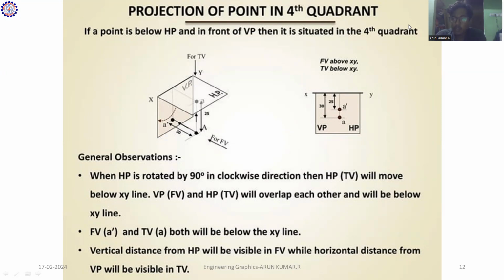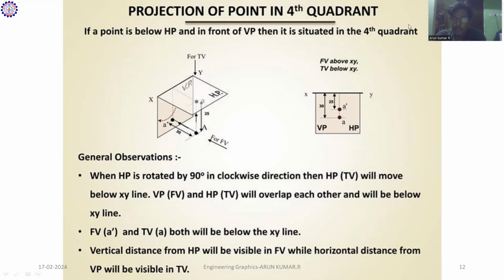When you mark 2.5 centimeters using a scale, mark it as a dash. That is point a dash, the meaning of below HP. And in front of VP, the plane is rotated 90 degrees clockwise, so we observe a below the XY line, represented as a, with a reference distance of 30. This is the basic difference between the pictorial and the orthographic projection.